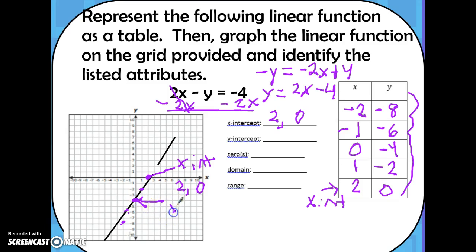And so that y-intercept is 0 on the x-axis, but you went down 3. So it should be 0, negative 3. And that was off. My bad. It should be 0, negative 4. Zero, negative 4. That's why we always check over here with our table. And so 0, negative 4 is our y-intercept.